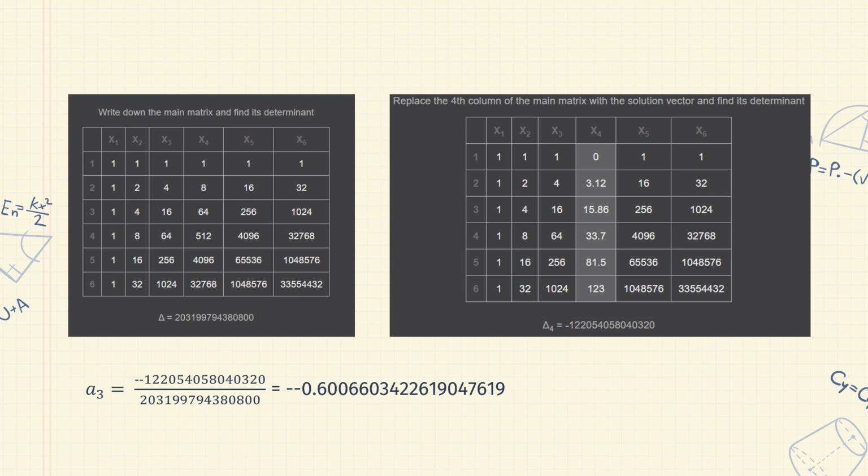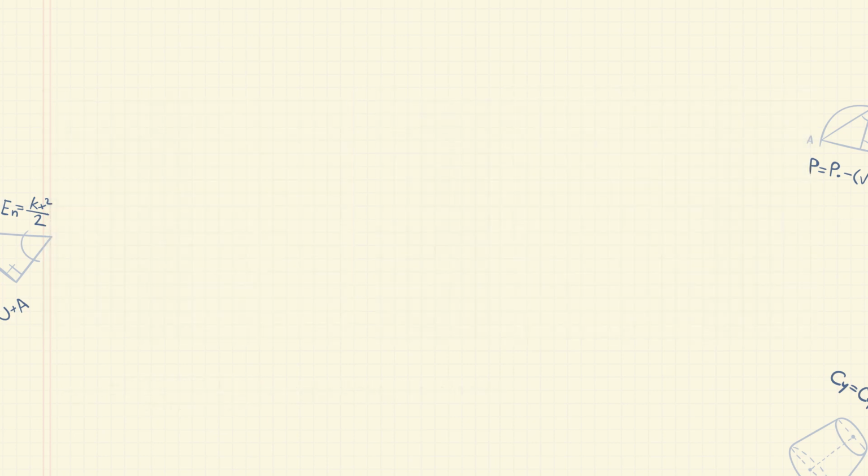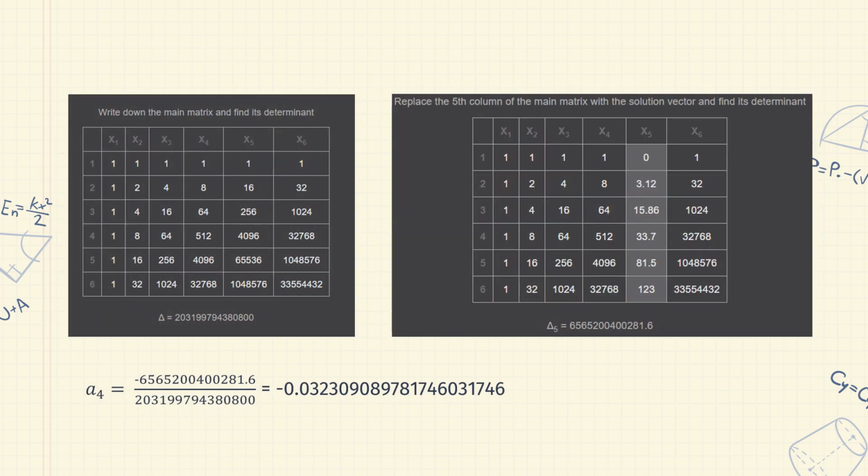Now, to find A3, the steps are similar: we divide the determinant of the substituted matrix by the original determinant, and thus the value is found for A3. The technique used for A4 is the same, hence we get the result of negative 0.032309.